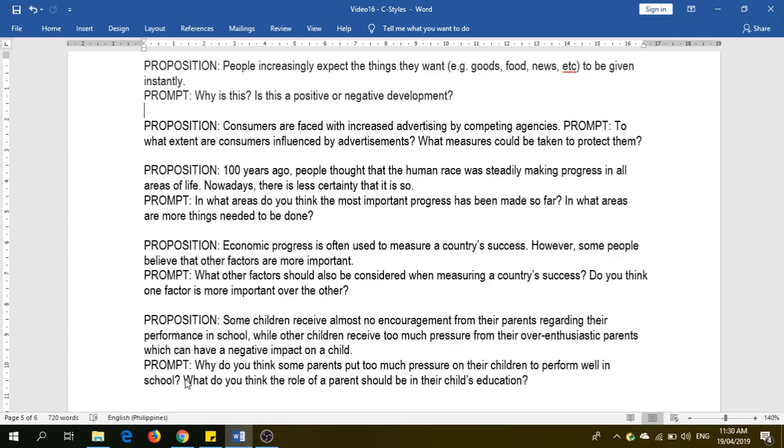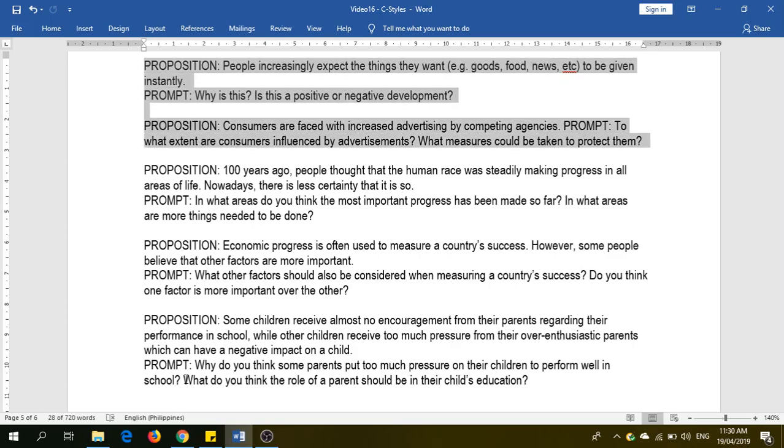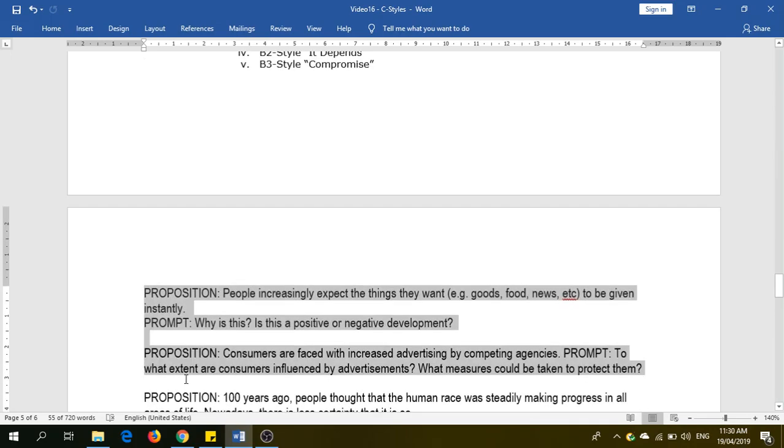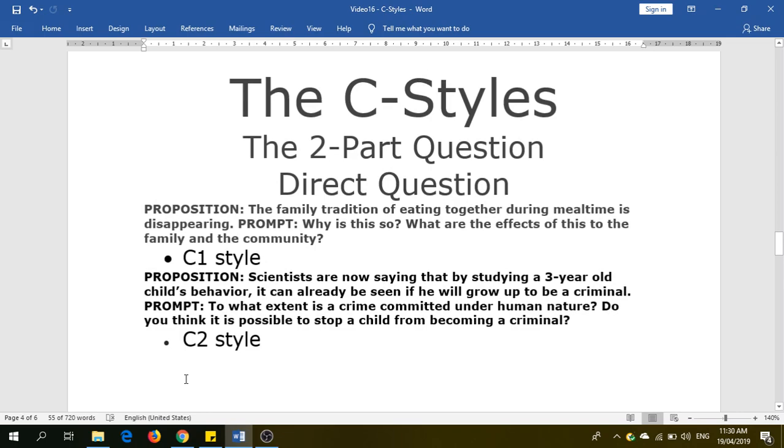And then over here are what you call the C1 styles, or one-sided two-part question essays. So I did say a while ago that the C style is really a killer, because many students do have the misimpression that you just have to answer the questions directly.